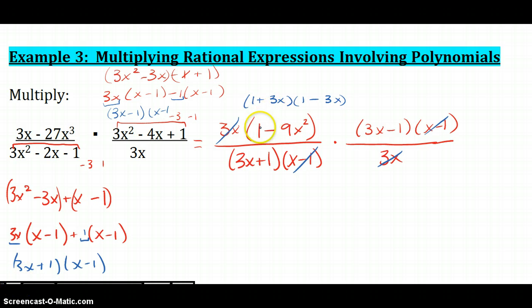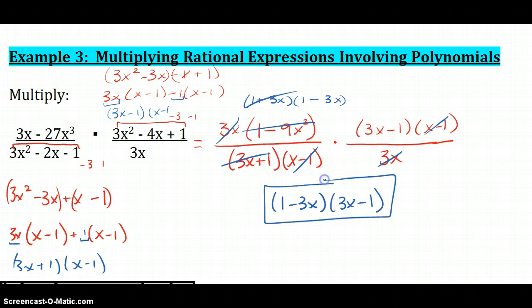And you'll see that now we have 1 plus 3x. That's the same as 3x plus 1. They're just flipped around. It's the same thing. So those can cancel. So on top we have left 1 minus 3x and this 3x minus 1, and everything on bottom canceled. So this is your answer.